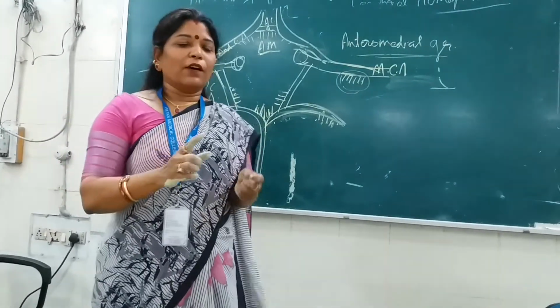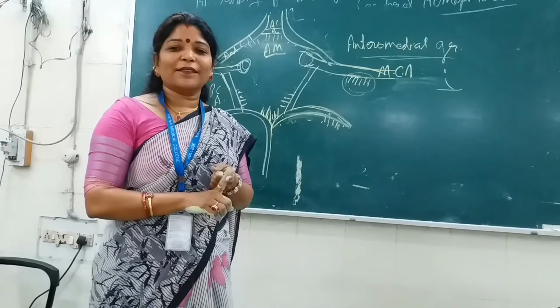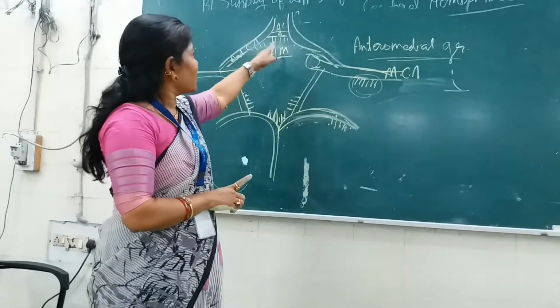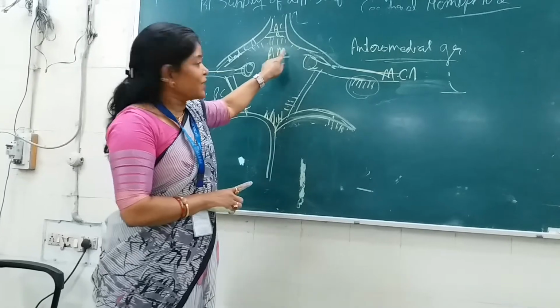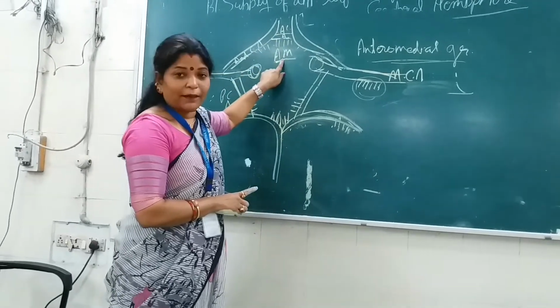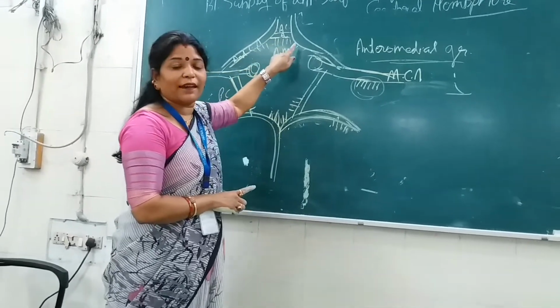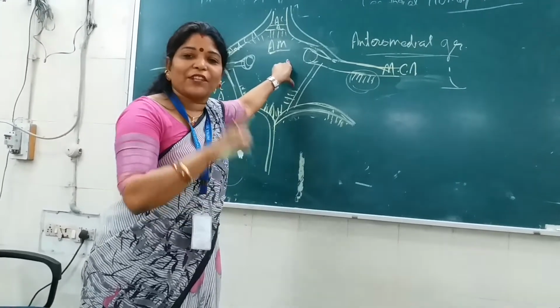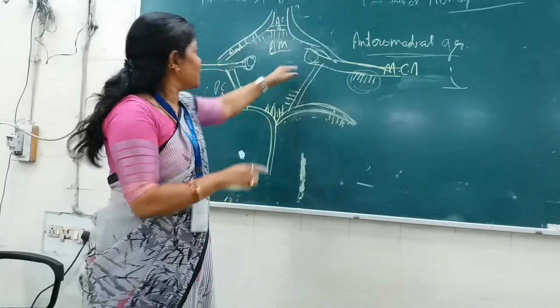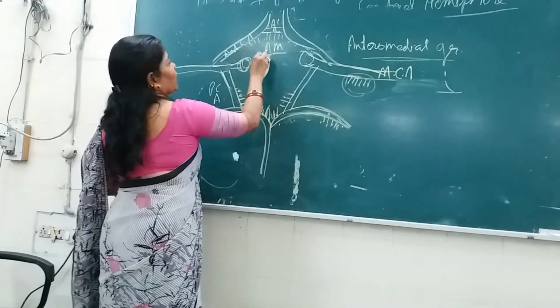Just now I have explained that it is a branch of the anterior cerebral artery, as well as the anterior communicating artery. I said that on the medial surface, these arteries pierce the lamina terminalis and the anterior perforating substance.